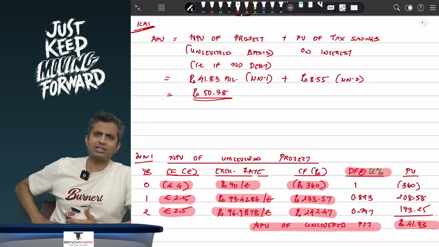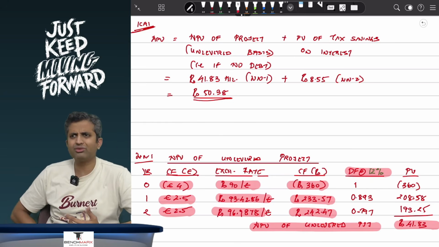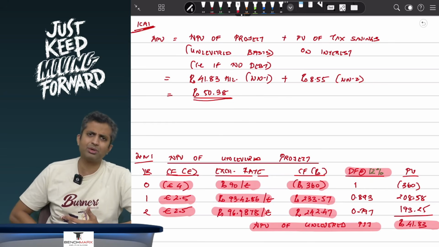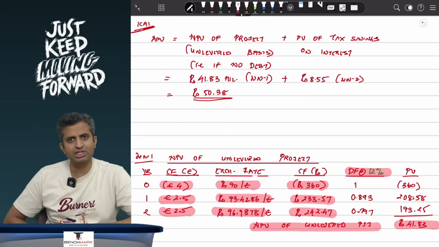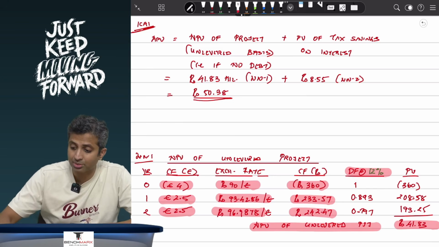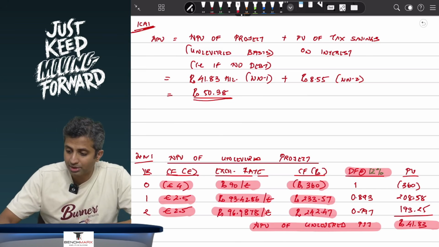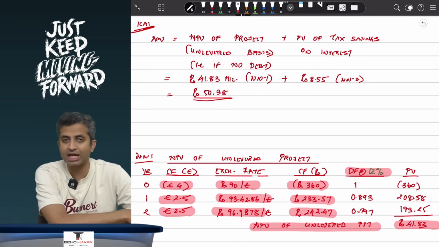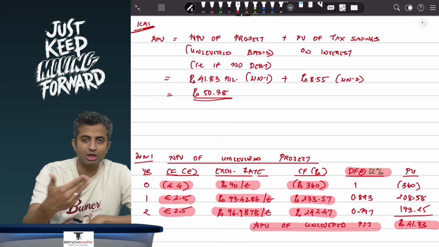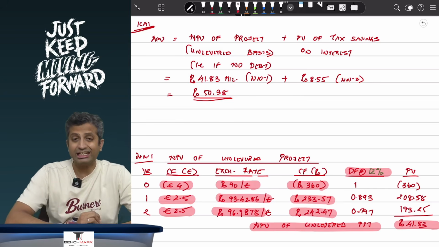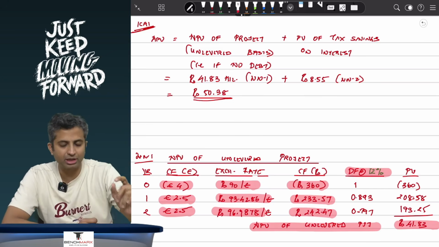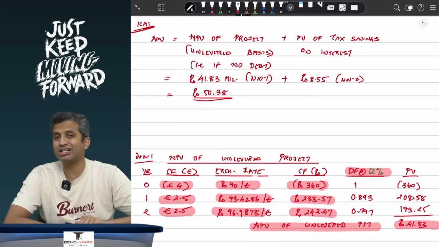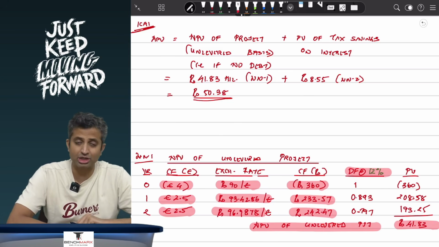Now, the next point over here is to say that, okay, the borrowing cheaper is the Indian borrowing, and Indian borrowing has a 16.2 interest in the first year, it is 16.2 interest in the second year, the tax rate is 30%, so 16.2 into 30%, there'll be a 4.86 tax saving. If I were to take an interest loan in India, I'll have a 16.2 interest into 30%, that is 4.86 tax savings or a tax shield.